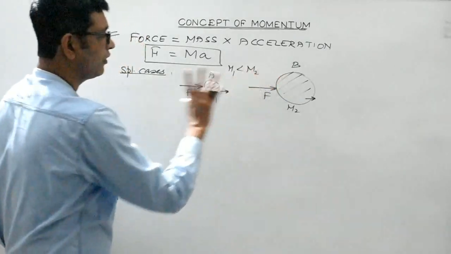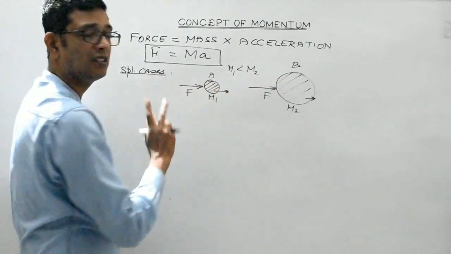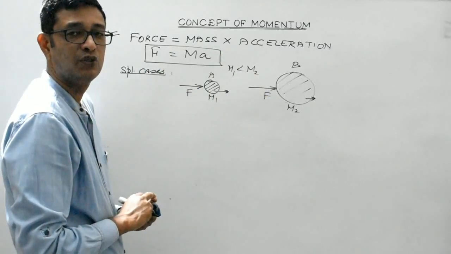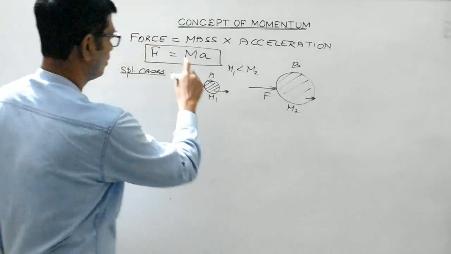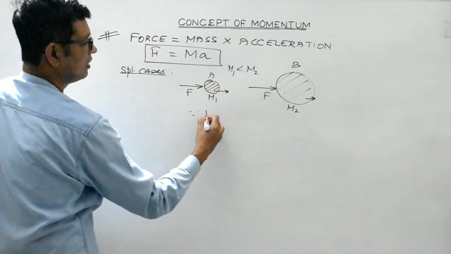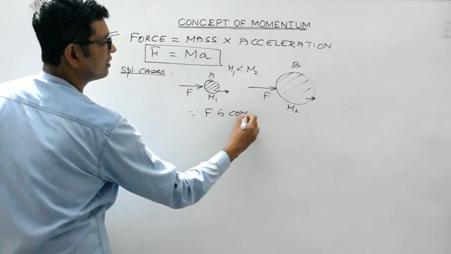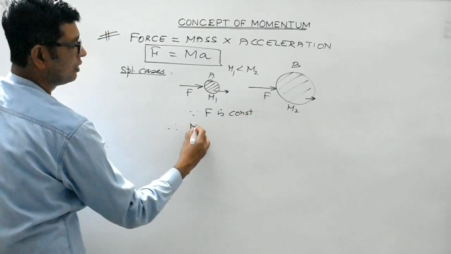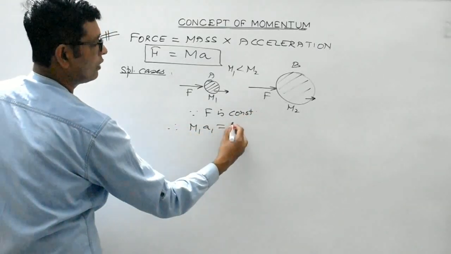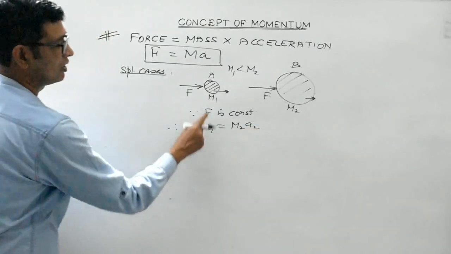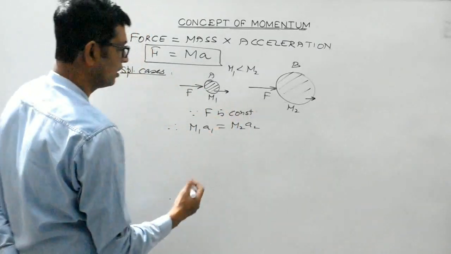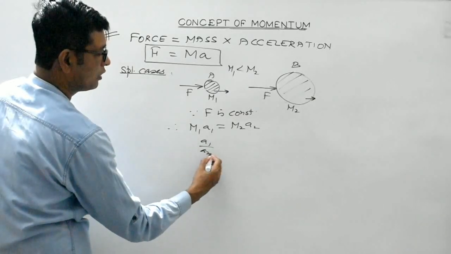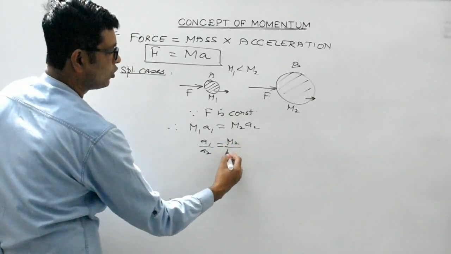In this case, what we have considered is that in both the bodies, the same force is applied. So we want to check in which body more acceleration is produced. Since F is constant, therefore m1a1 would be equal to m2a2. Suppose a1 is the acceleration produced in the lighter body, a2 is the acceleration produced in the heavier body. Therefore a1 by a2 would be equal to m2 by m1.